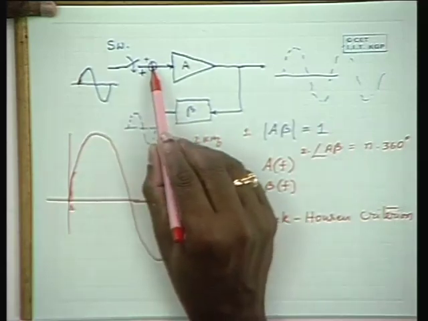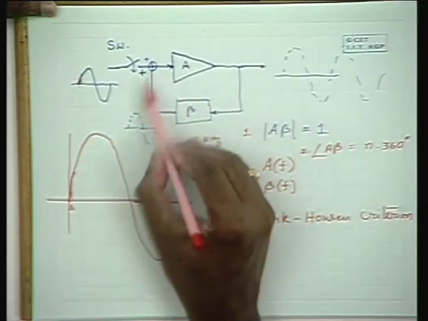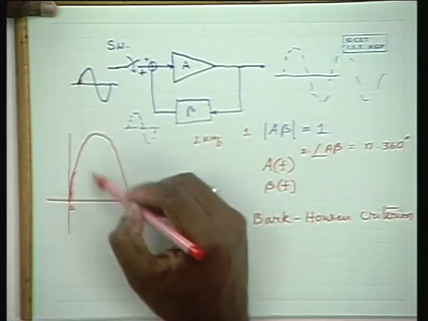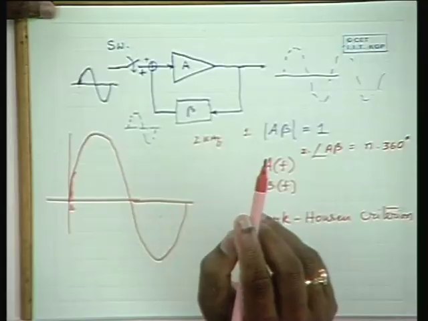As I mentioned, for oscillations to be produced from a small disturbance, if the next disturbance has to be produced, or from one cycle the next cycle has to be produced, it has to be a multiple of 360 degrees.